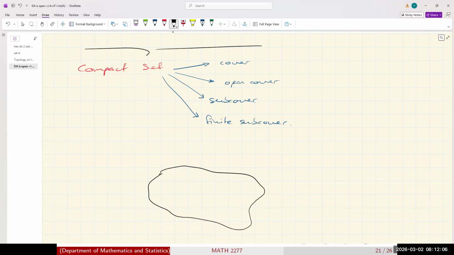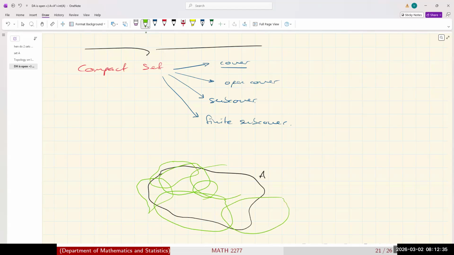Let's say I have this set A. First, what do I mean by a cover for A? A cover for A is simply a collection of sets such that A is contained in their union. So these green sets will be a cover for A.